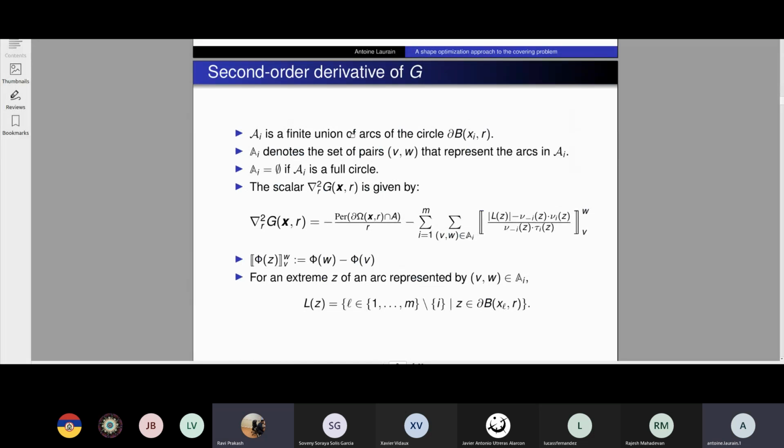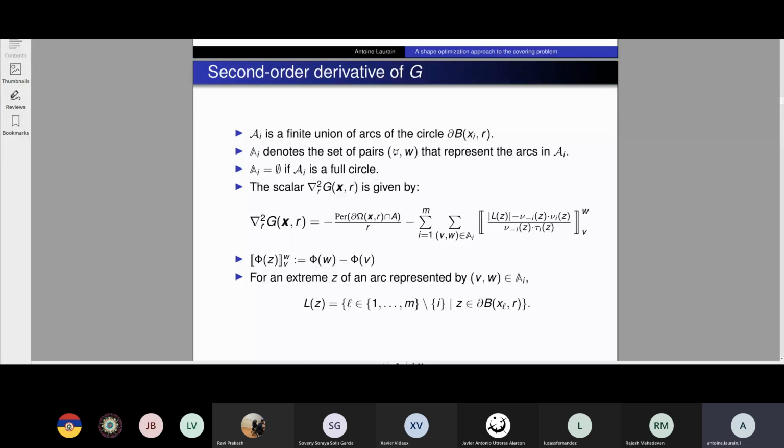So basically, what you need to describe the terms of the Hessian is the set of the arcs on the circles, and you need to represent these arcs by the extreme points of the arcs. So each arc, we represent it with a vector VW.